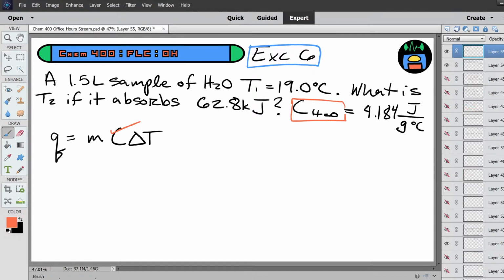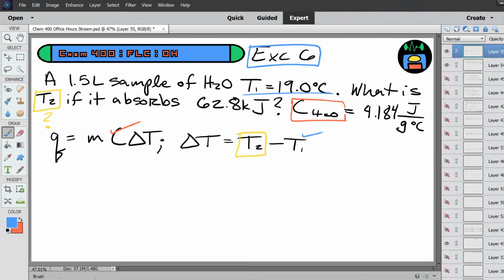Part of that equation is that change in temperature is equal to final temperature minus initial temperature. We are being asked to find T2, right? This is what we're after. We can find T2 if we have T1, and we do.